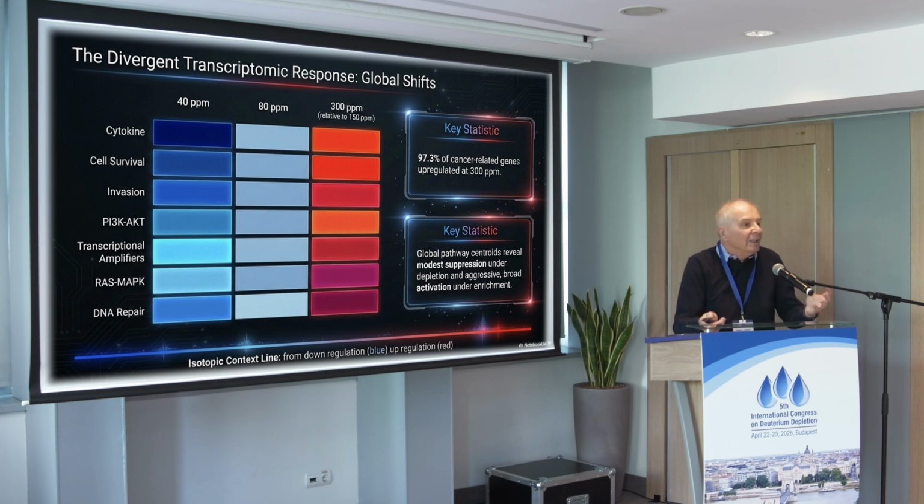So I collected all the genes according to pathways and calculated the average expression, and I color-coded this expression. So you see now more clearly that deuterium depletion leads to underexpression, deuterium enhancement leads to serious overexpression.